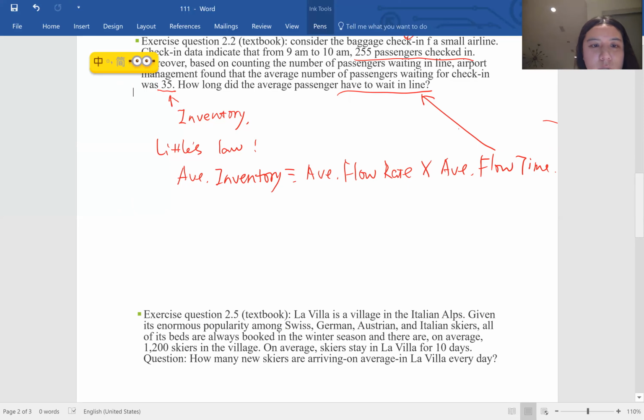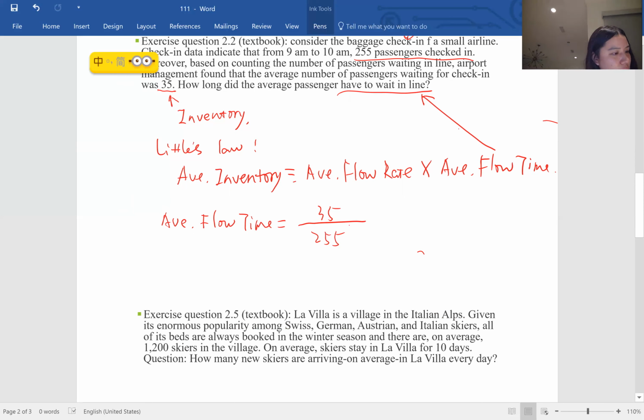Then the flow time, which is the average wait time, equals average inventory, which is 35, divided by the average flow rate, which is 255.